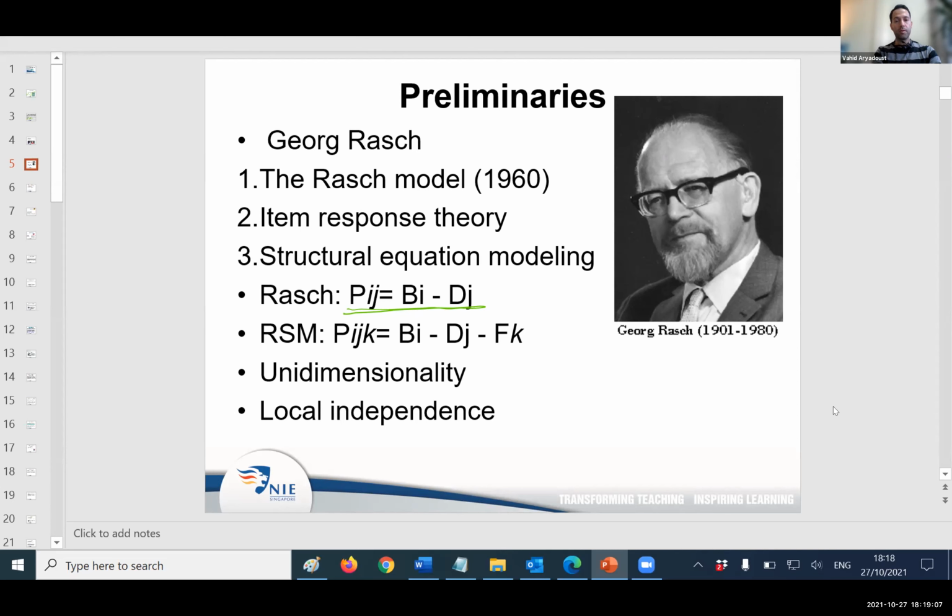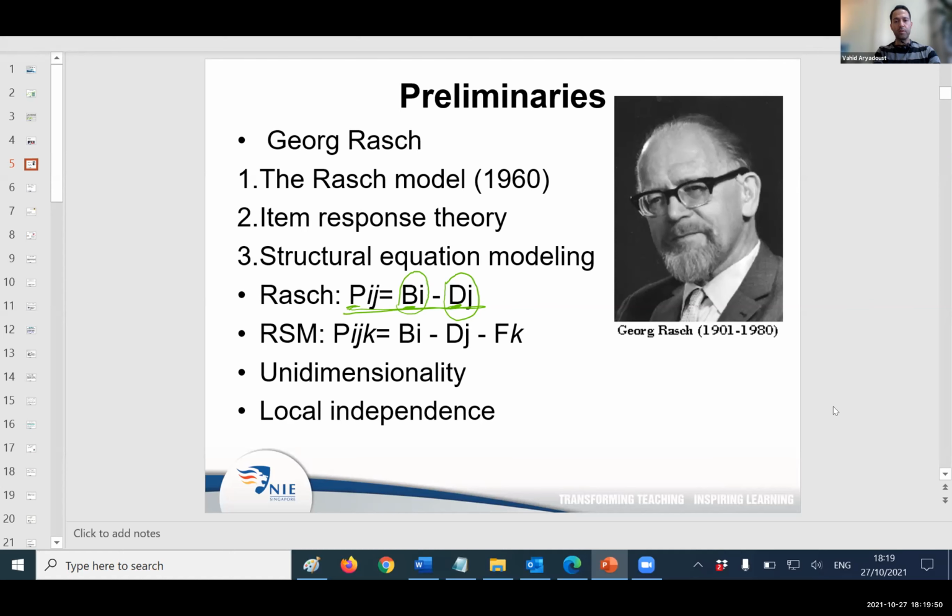Probability of the person or the test taker with ability B_i to answer an item with difficulty of D. So your probability, that's P_ij, your probability P of answering an item with a difficulty of D and with your ability as B is estimated by Rasch measurement. So that's as easy as that.